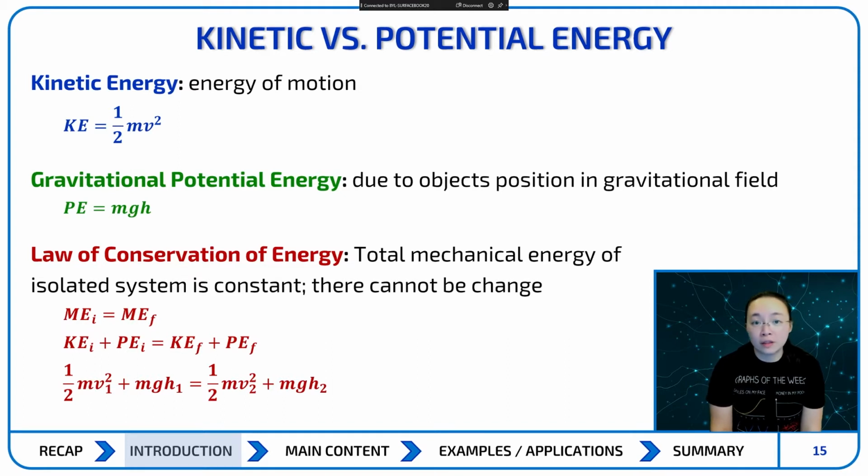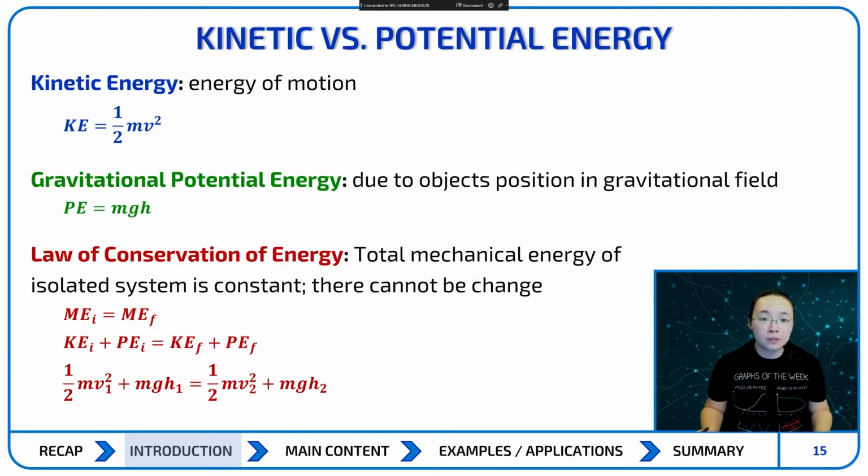And the most important thing is to know that the law of conservation of energy holds. So the total mechanical energy of an isolated system is constant and there can't be change. So if I'm taking a look at a certain situation, I have an initial state and a final state. The initial state has some total amount of energy and the final state also has some total amount of energy.